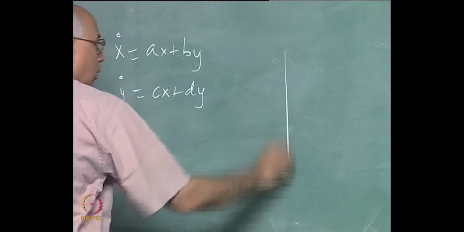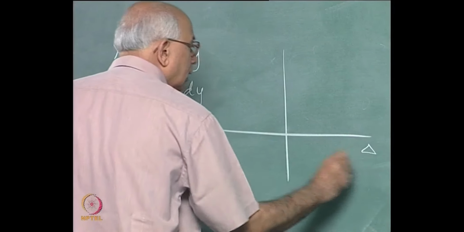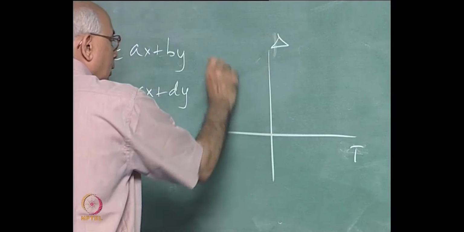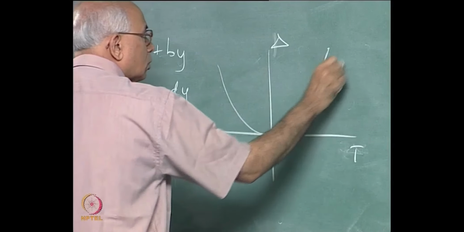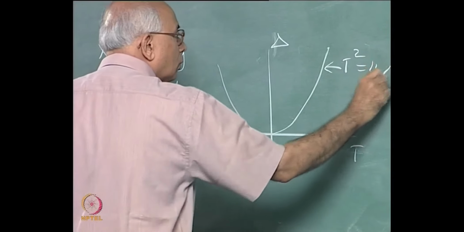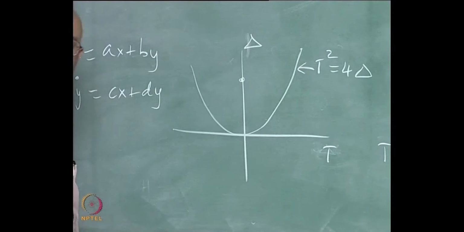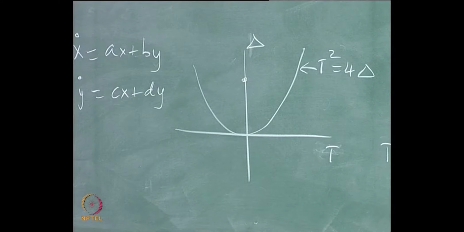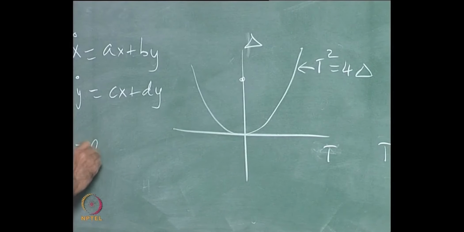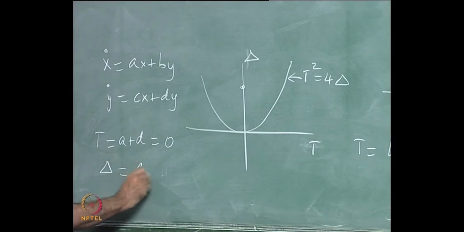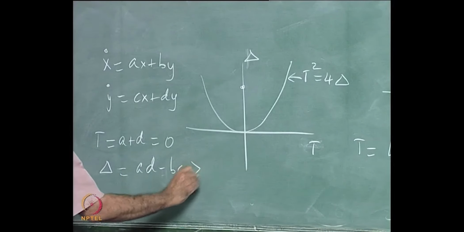Exactly, if you recall what we did in the t delta plane, we had this parabola t squared equal to 4 delta, and centers lay here at this point. So we need to have t equal to a plus d equal to 0 and delta equal to ad minus bc to be greater than 0.